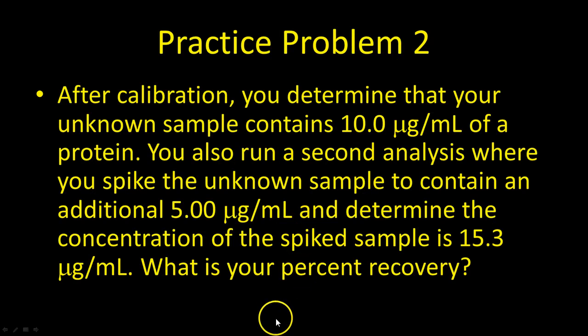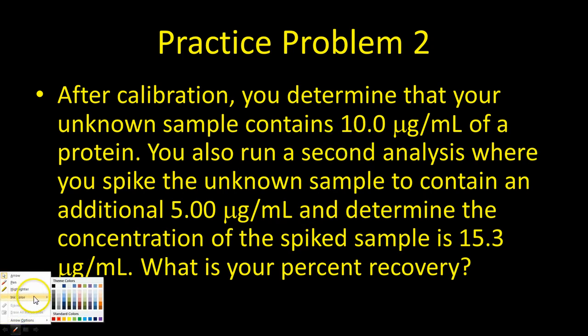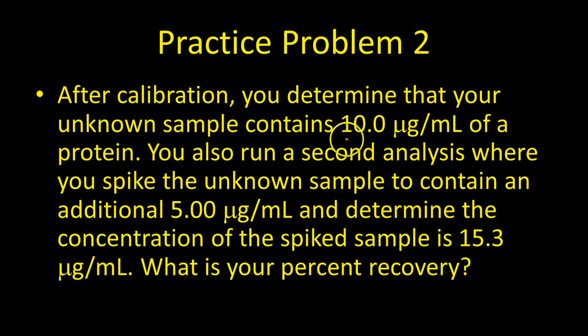Let's say you do a calibration curve and you're running unknown samples. This is arbitrary here. Your unknown sample contains 10 micrograms per milliliter, or at least this is what you determine it to be. Then you spike in 5 micrograms per milliliter, this is your spike, and determine that the concentration of the spiked sample is 15.3 micrograms per milliliter.